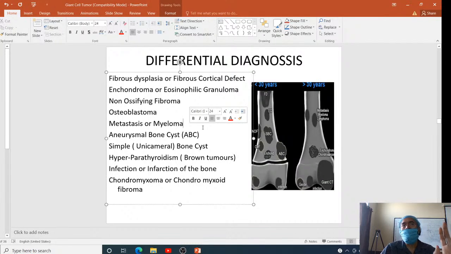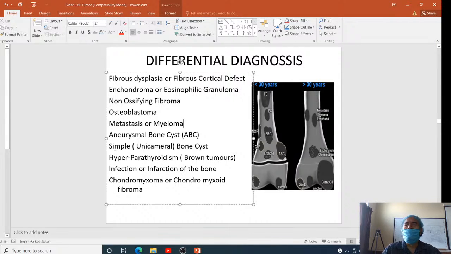But once you have an osteolytic lesion, you need to tick out that this is not fibrous dysplasia, because these are the positive findings to say that this is GCT, and these are the negative findings to say that this is not fibrous dysplasia, not enchondroma, not non-ossifying fibroma. Like that, you need to exclude. Then the commonest clinical entity which mimics GCT is aneurysmal bone cyst, otherwise known as ABC.